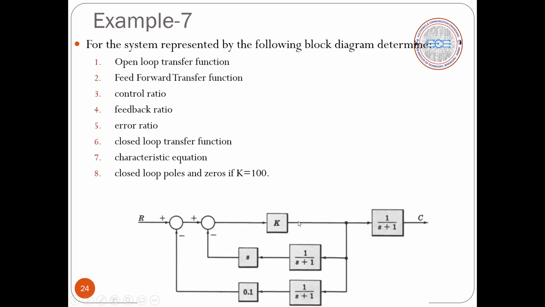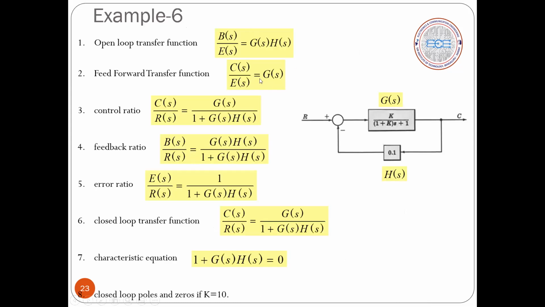We have seen that it is G divided by 1 minus G into H, where G is the forward path gain and H is the feedback path gain. That we have already discussed. Simplify that and move the takeoff point ahead of the block, and then you get a canonical form. There you identify G and H and substitute in the formulas which we have given for all these parameters, and you get the values.